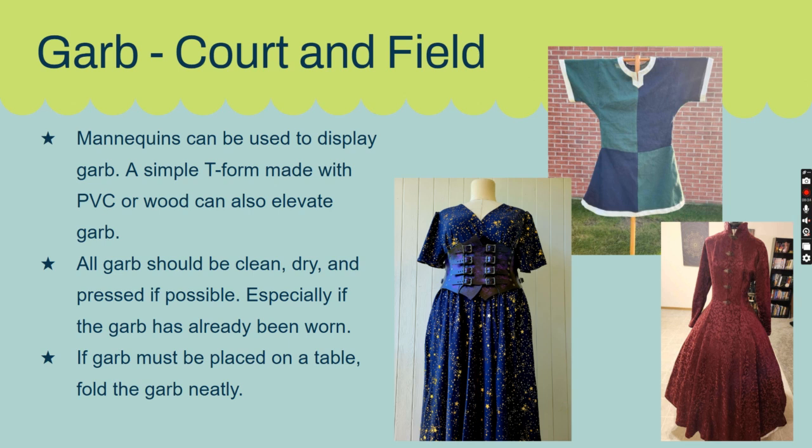It's just flopped on a table. But even the tunic example on the T form, that's just two pieces of wood, super cheap, super affordable, and it still displays the piece. Even if you're just putting it on a coat hanger and putting it on a rack of some sort, just to get it standing up a little bit, that would be helpful.